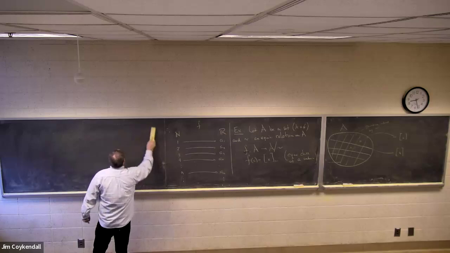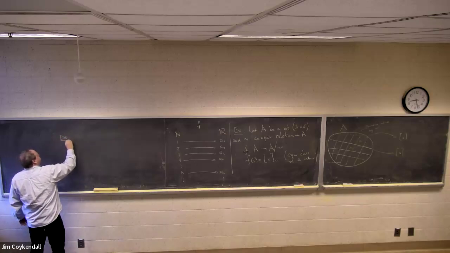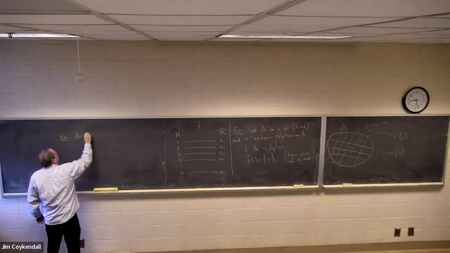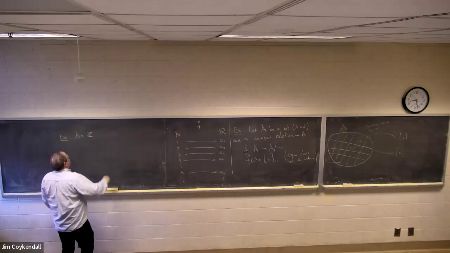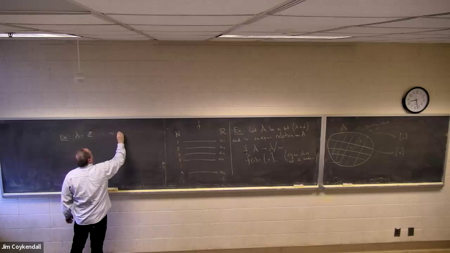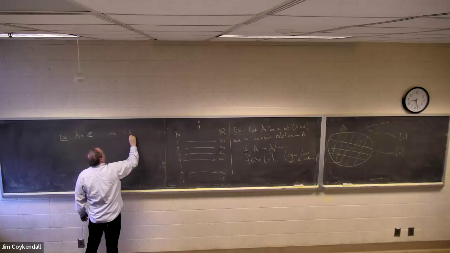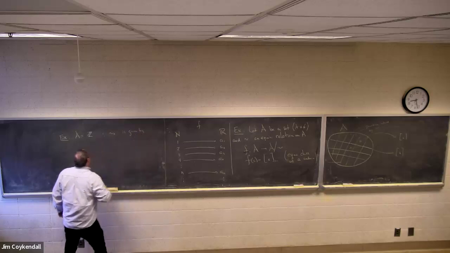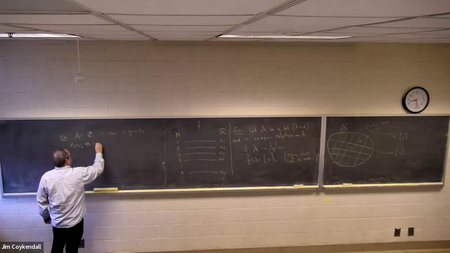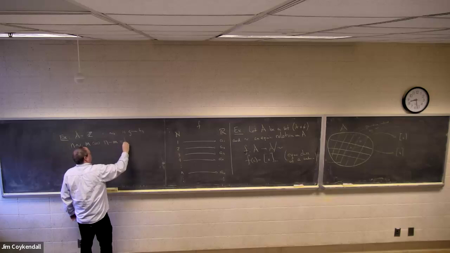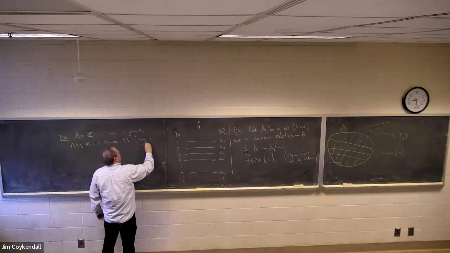So here's a concrete example of this. Let A be the integers, and the equivalence relation is given by x tilde y if and only if the difference is divisible by 4.